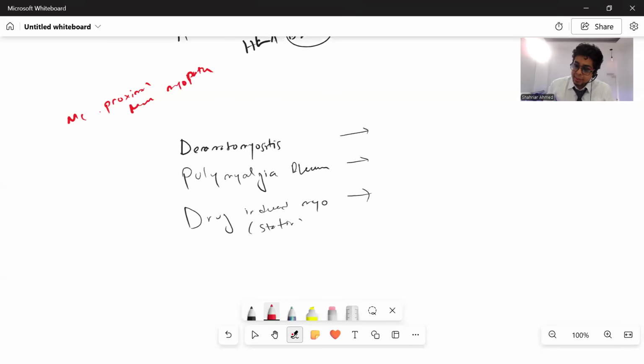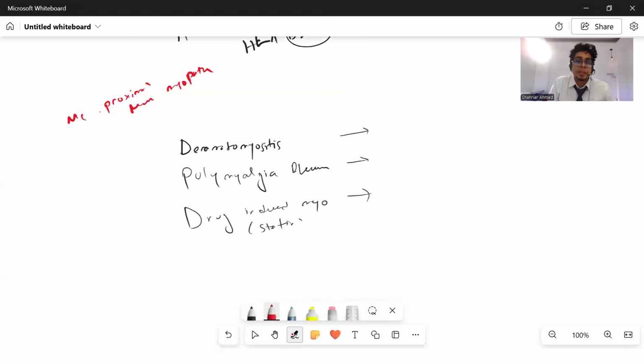The very common thing the patient notices, let's say a female, is that one of the very common acts would be that the female combs her hair multiple times. That also can be affected. Also, you wash clothes, as you put those clothes onto the hanger, again your upper shoulder girdle has to be used.